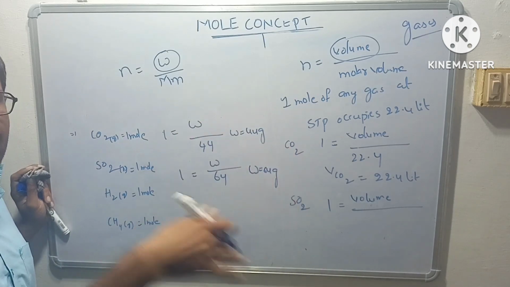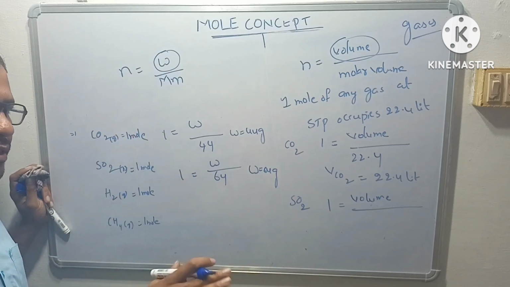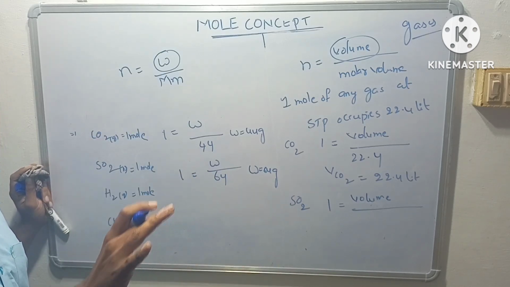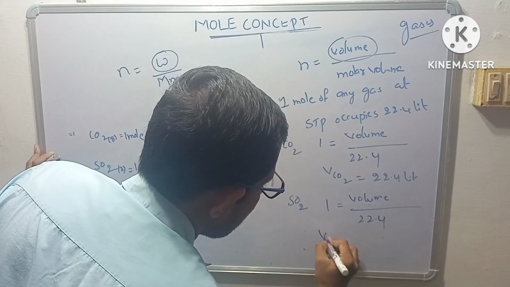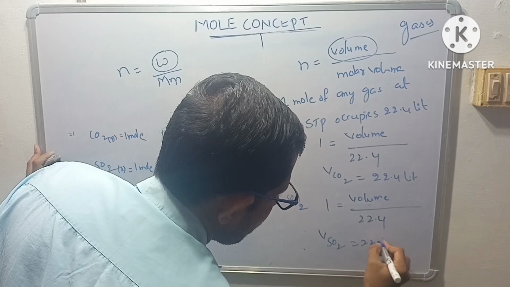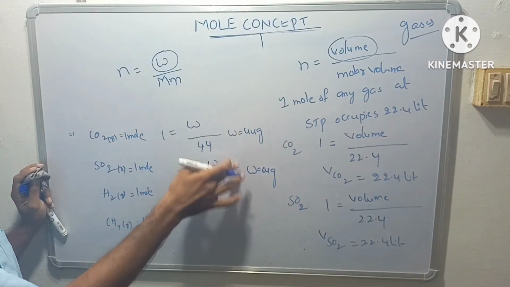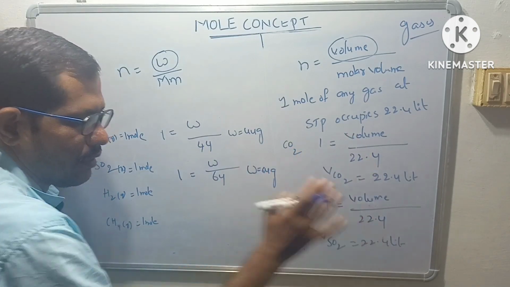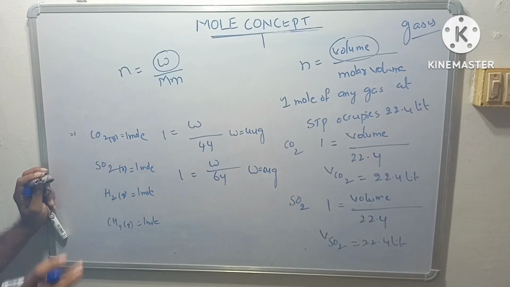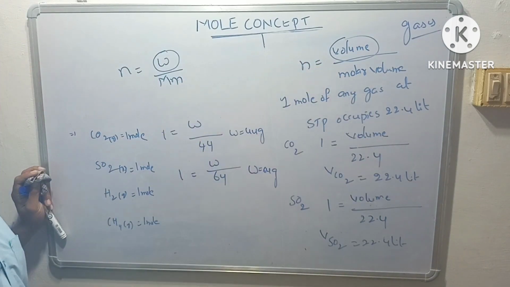Whether X gas, Y gas, CO2 gas, SO2 gas, if gas and STP are mentioned, you need to write 22.4 liters for molar volume. So the volume of SO2 equals 22.4 liters. See, here mass is changing, but the volume is not changing. 22.4 liters, 22.4 liters. Now we understand the relation between these two formulas.